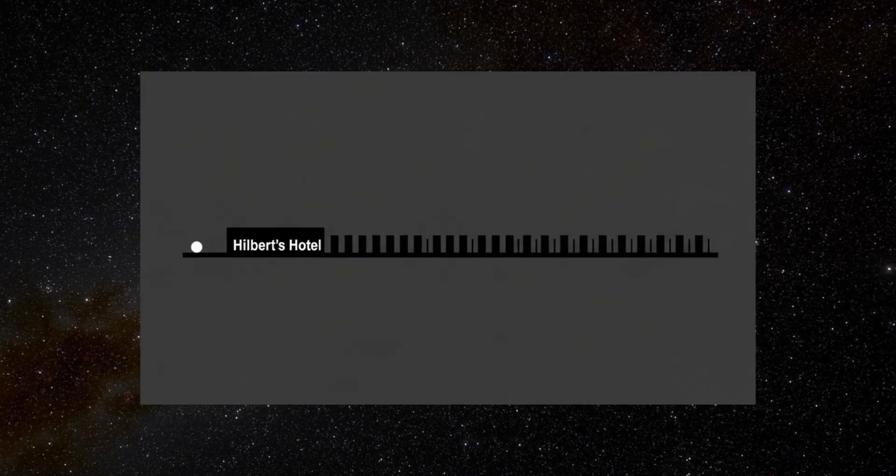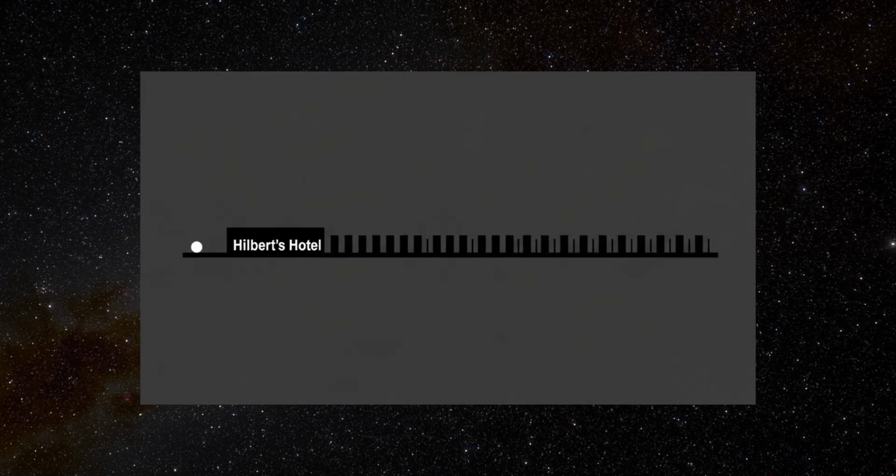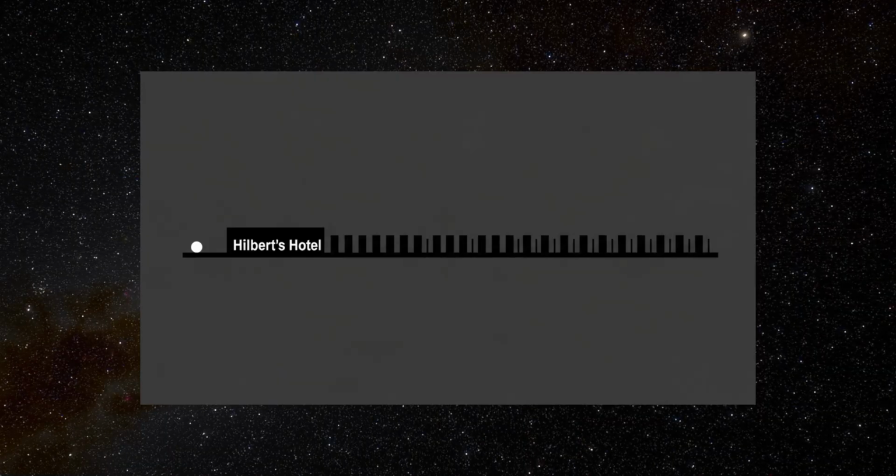This is because infinite sets can have proper subsets that are just as large as the whole, a property that defies finite logic. Hilbert's Hotel also illustrates the concept of countable infinity, where elements can be put into a one-to-one correspondence with the natural numbers.